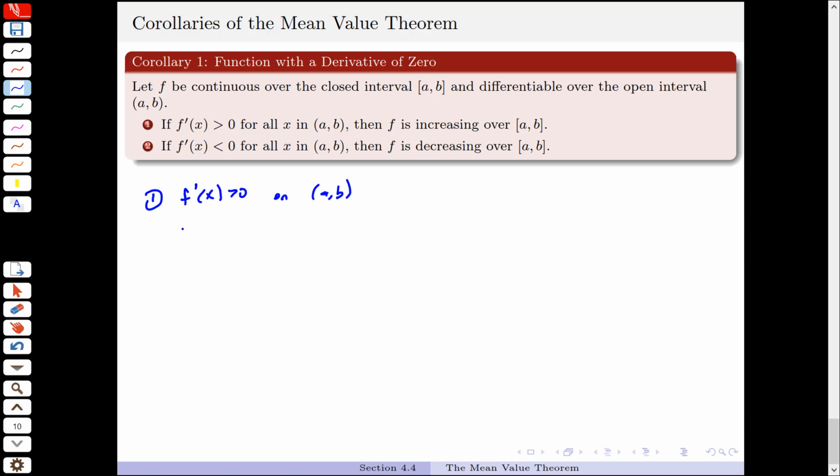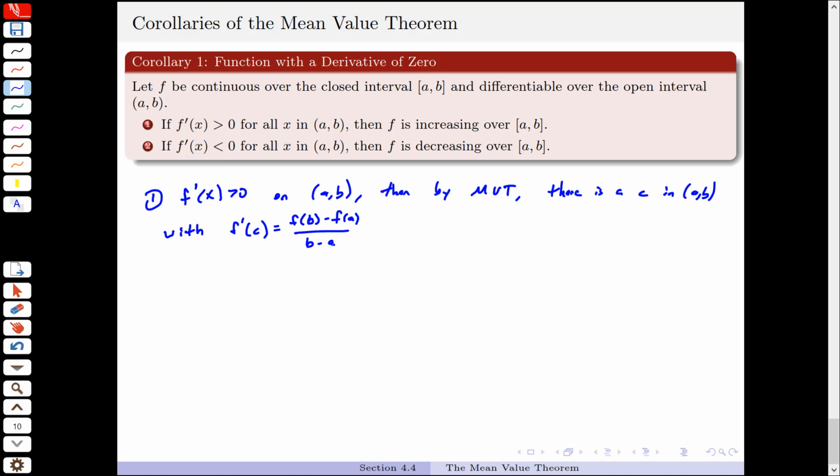Then by the mean value theorem, there is a c in (a, b) with f prime of c equals f of b minus f of a over b minus a.